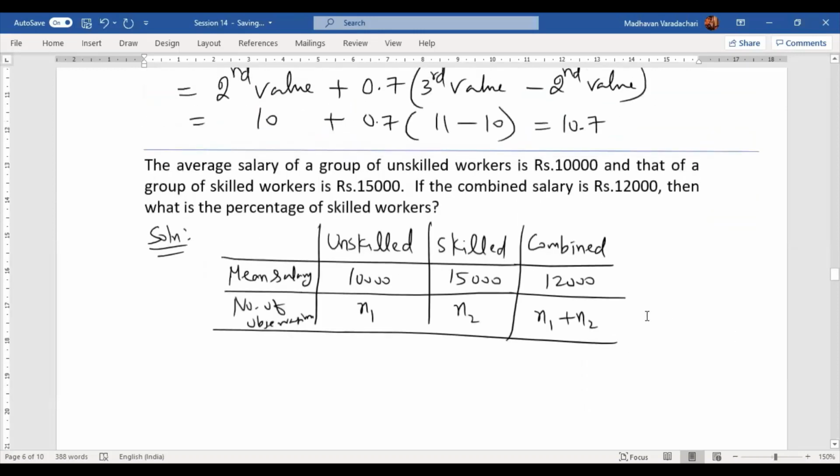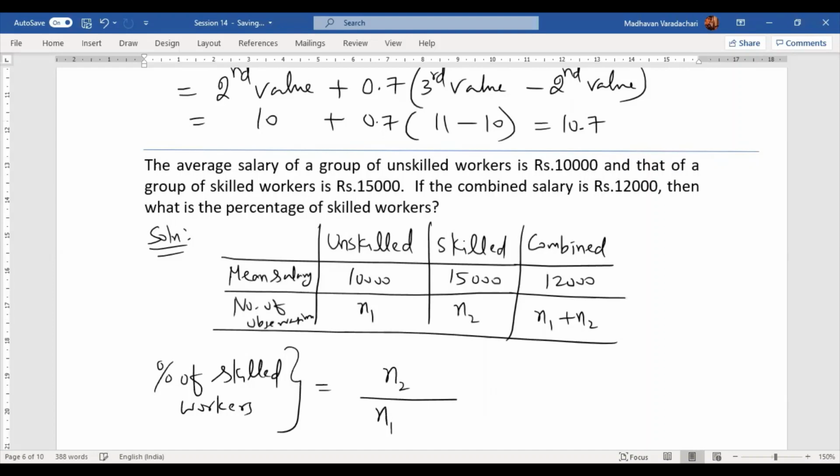Right. Now, what is the question? What is the percentage of skilled workers? How do I calculate the percentage of skilled workers? I need to know how many skilled workers are there. We are assuming it as N2. Total number of workers is N1 plus N2.